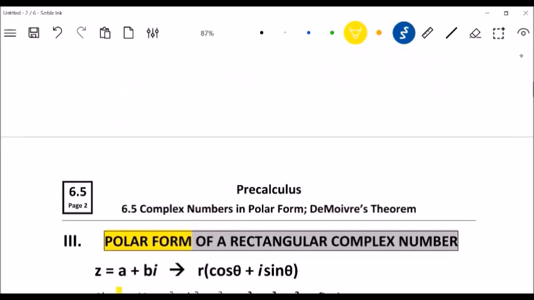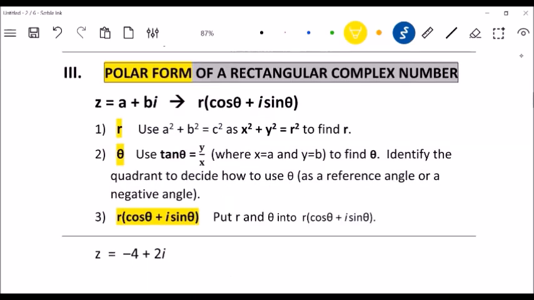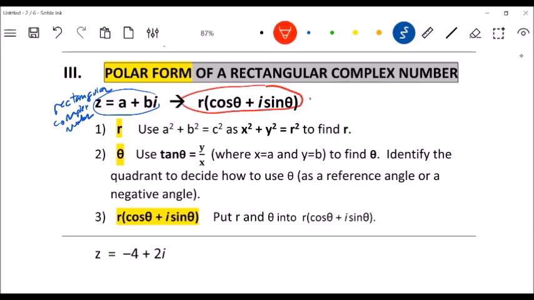Now let's take a look further. What we'll do in this next part is to find the polar form. So a rectangular complex number is this, what we just worked with. Rectangular complex number. This is the polar form.